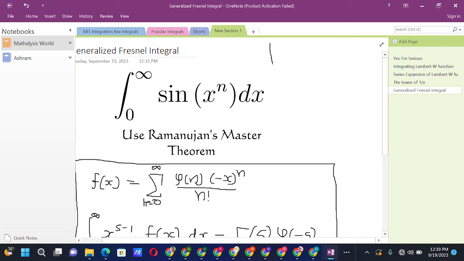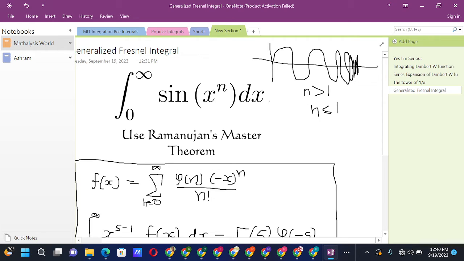But when we have n greater than 1, the area just gets narrower and narrower, and eventually there's no area covered during its to-and-fro motion. That means it will eventually converge. So for n greater than 1, this integral will converge, but for n less than or equal to 1, it won't.